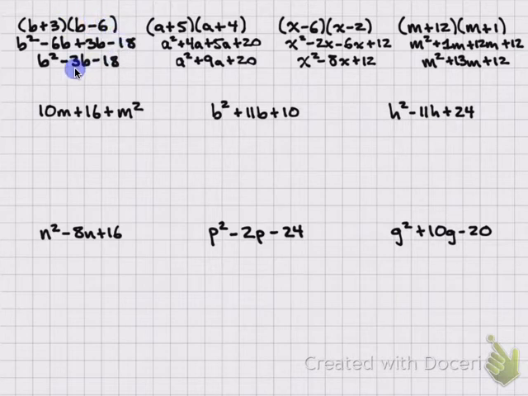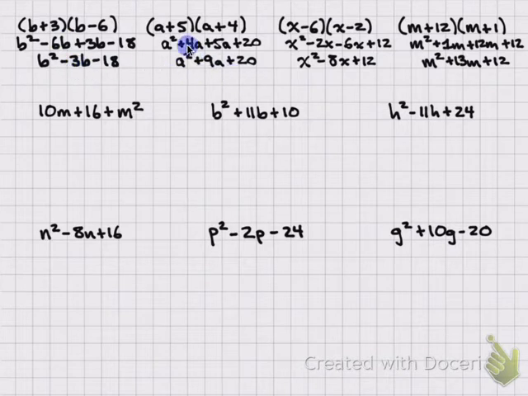And this negative 3b, well, if we think about these two middle multiplication steps, we had b times negative 6, so negative 6b, and 3 times b, 3b, and the sum of these two was negative 3b. So these two constants, positive 3 and negative 6, their sum determines the coefficient on this middle term right here.